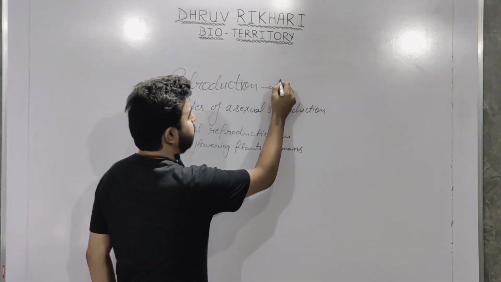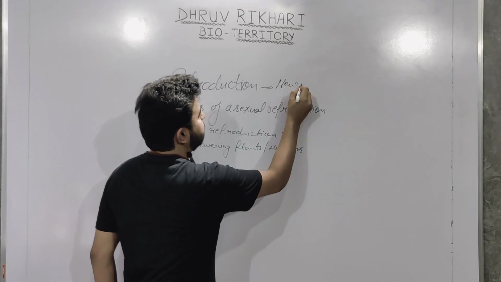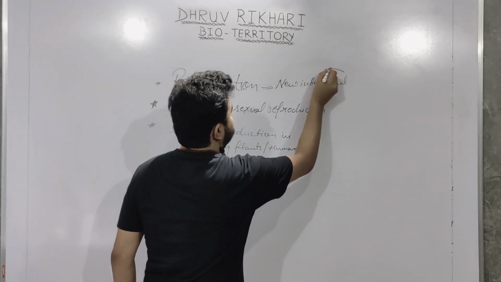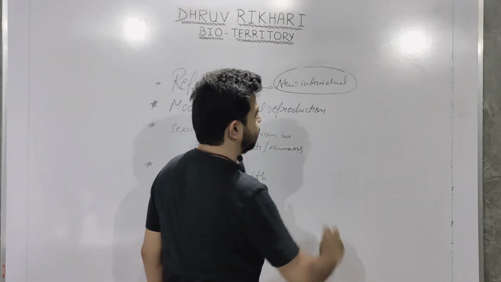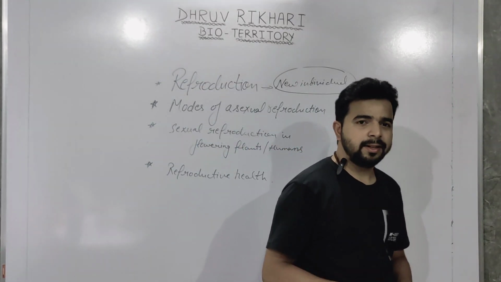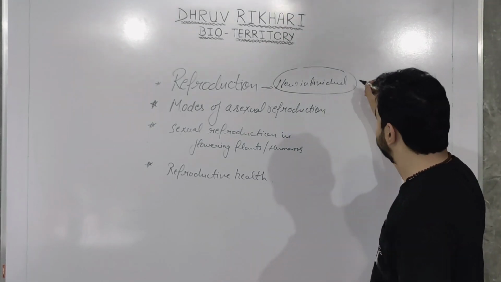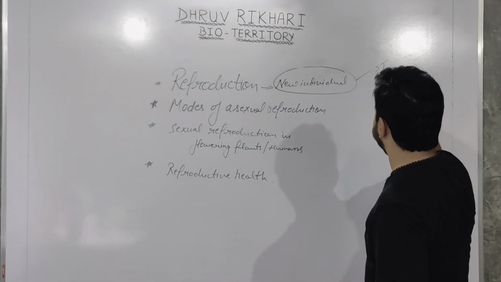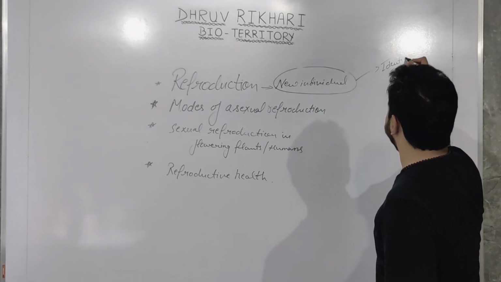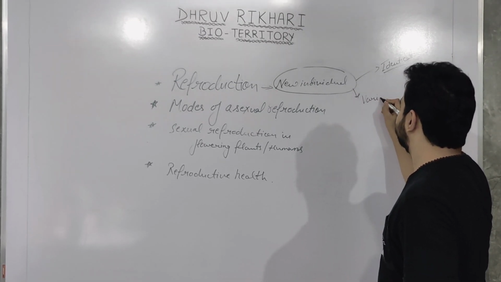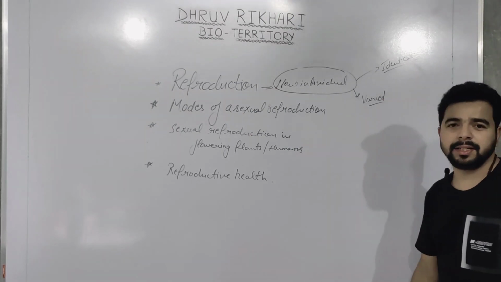When we are talking about reproduction, reproduction means the formation of new individuals, right? These new individuals are formed by the mode of reproduction. They can either be identical to their parents or be in a varied form from their parents.